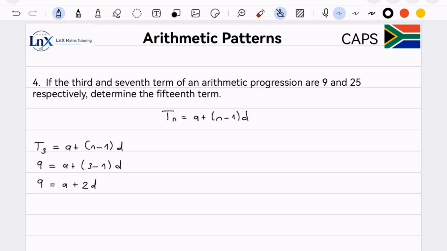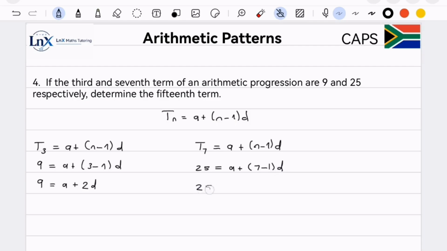Now what about the seventh term? We know that for the seventh term, it is a plus n minus 1 multiplied by d, right? So our seventh term equals 25.